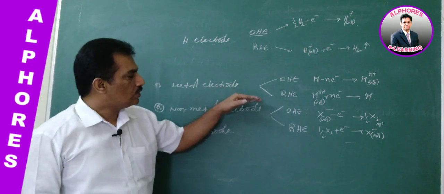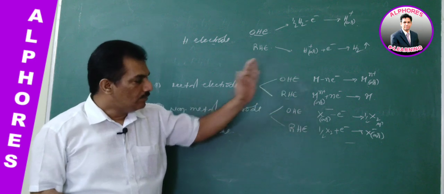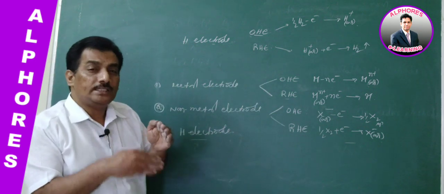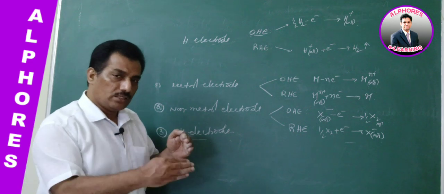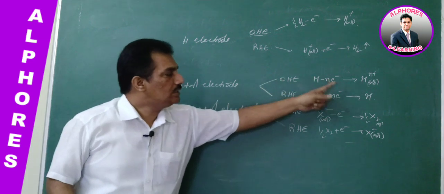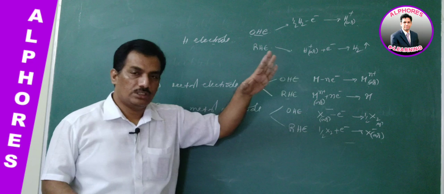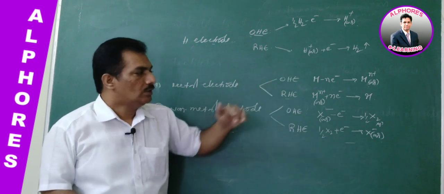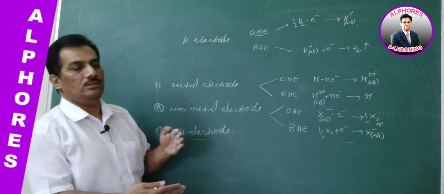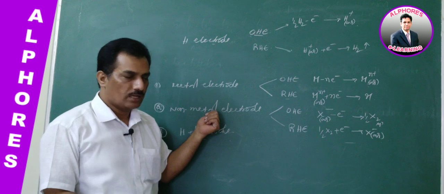When a metal electrode is behaving like OHE or RHE, the reaction is reversed. When we are using this metal electrode, depending on its behavior relative to the other electrode used in the electrochemical cell, we have to imagine the electrode reaction, and thereby you can easily substitute the concentrations. For that purpose, depending on the construction, there are 4 types, just what we discussed before. Clear?